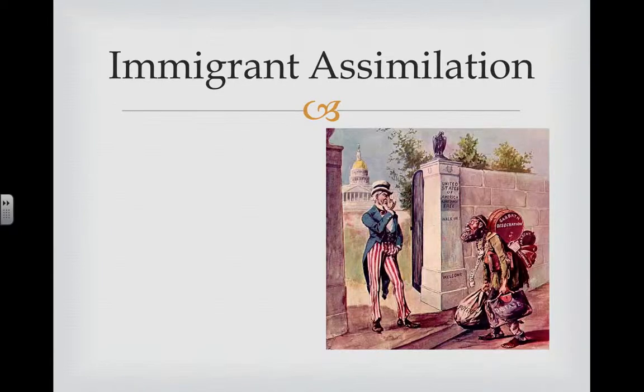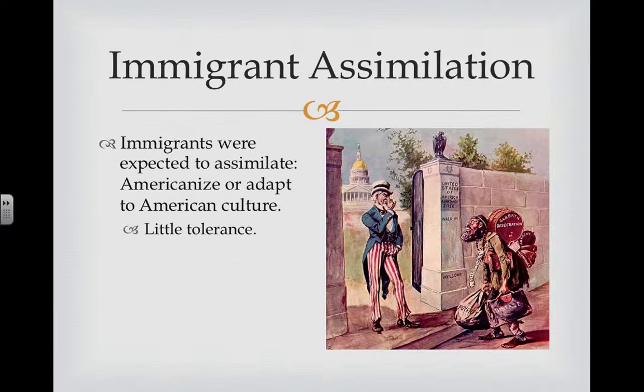So there's a key term here, which is assimilation, and you can see the root word similar. So immigrant assimilation. We talked about assimilation when we were talking about Native Americans, and so it comes up again, and that is when immigrants come to our country, should they assimilate? Should they become similar to the Americans, or should they keep their culture?